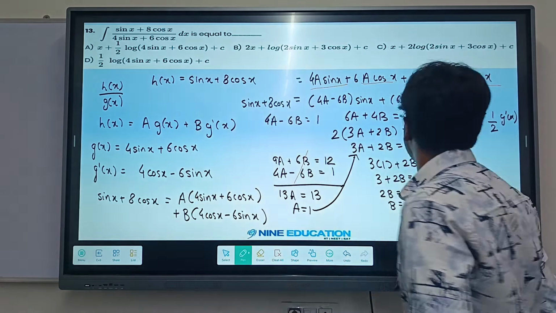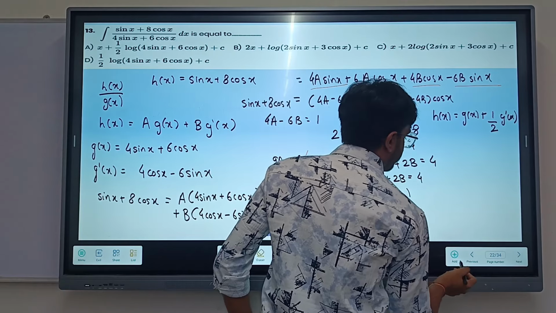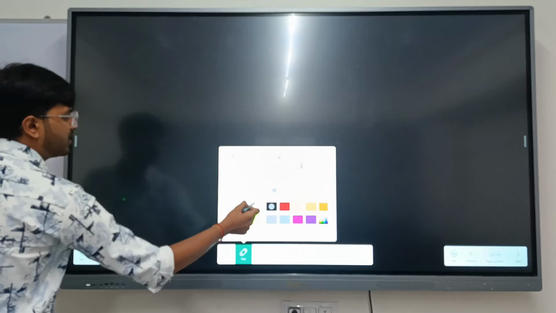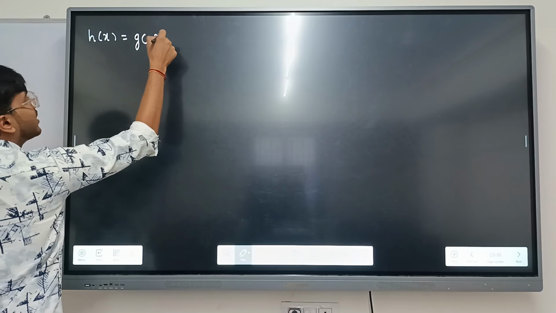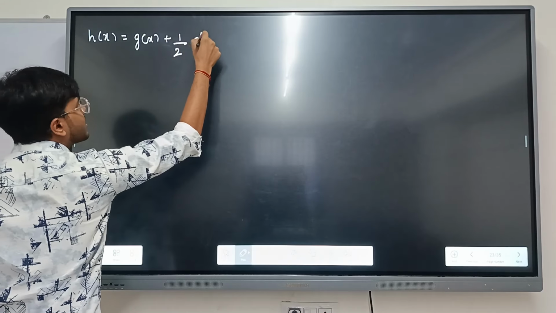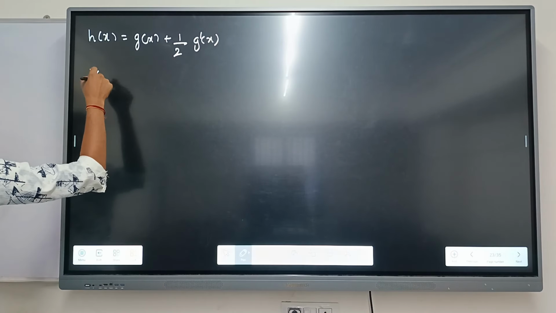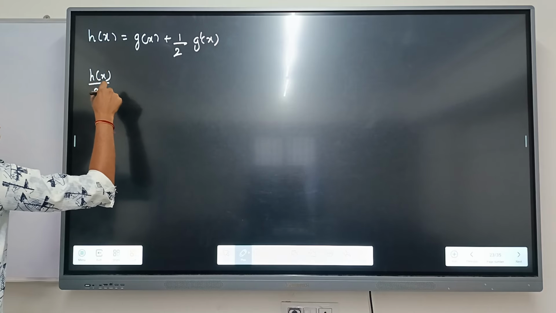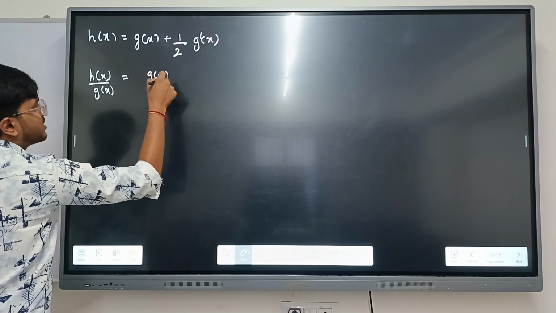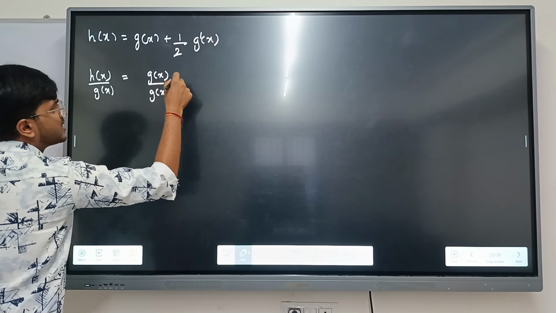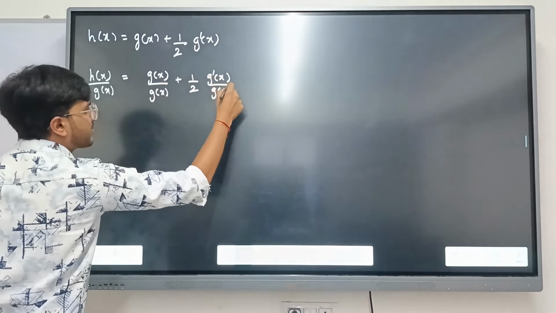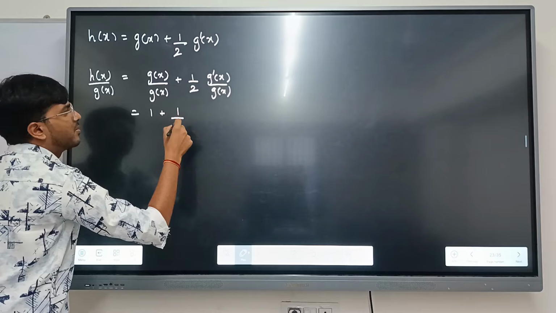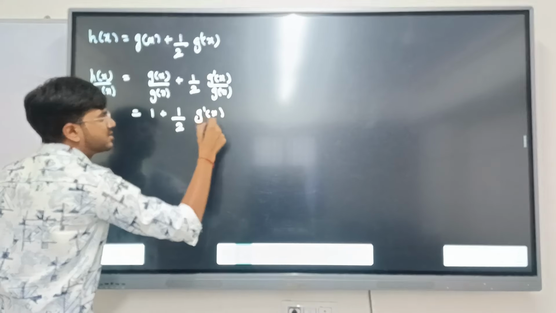And what we are given is the integration of h of x by g of x. So we got h of x as g of x plus 1 by 2 g dash x. So h of x by g of x would be equal to g of x by g of x plus 1 by 2 g dash x by g of x. That is 1 plus 1 by 2 g dash x by g of x.